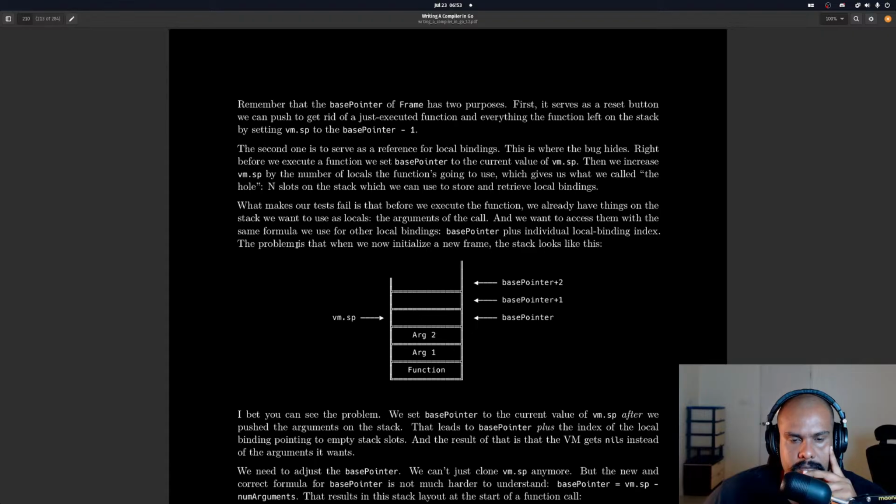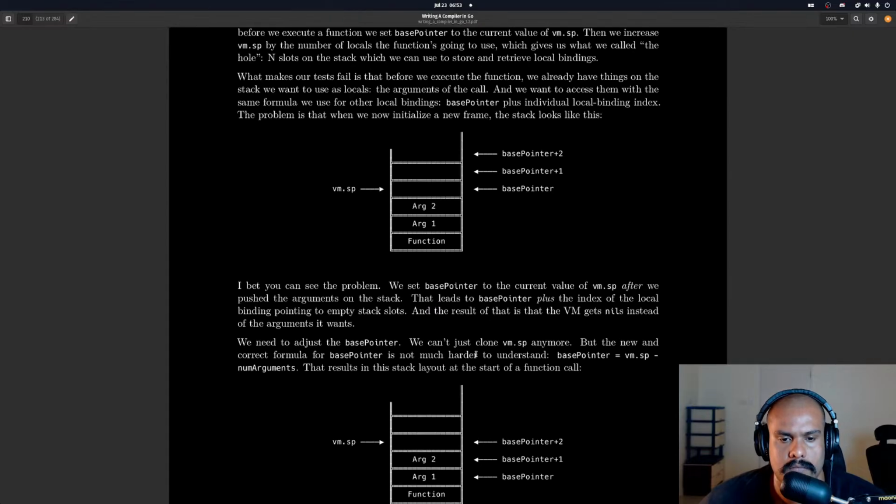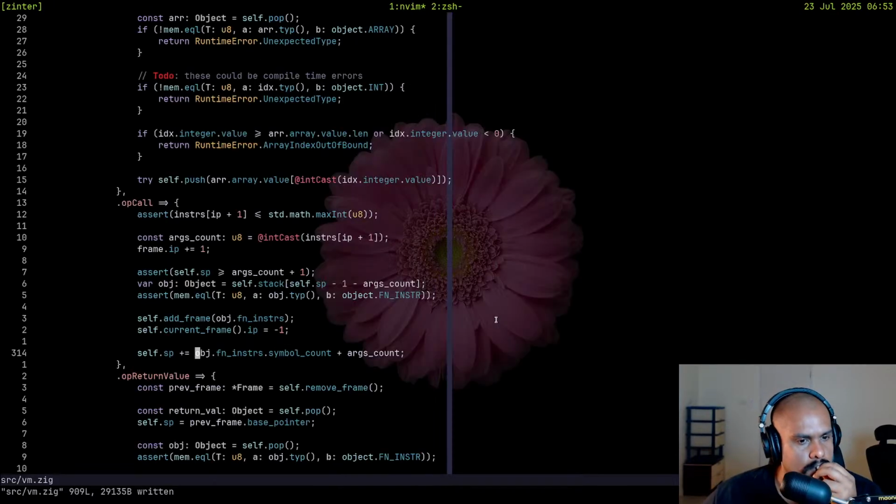The problem is that when we now initialize a new frame, the stack looks like this. No, it doesn't. We add a frame. Oh, yes.